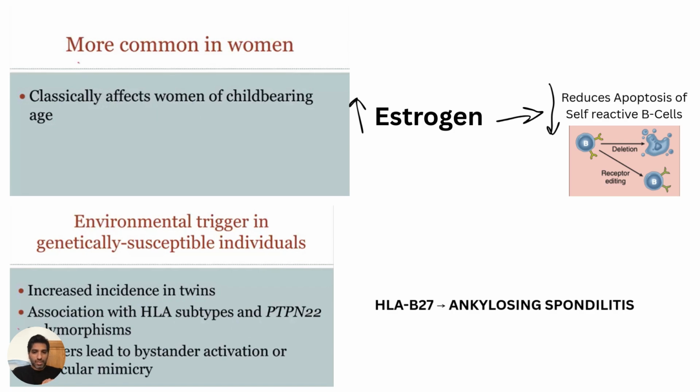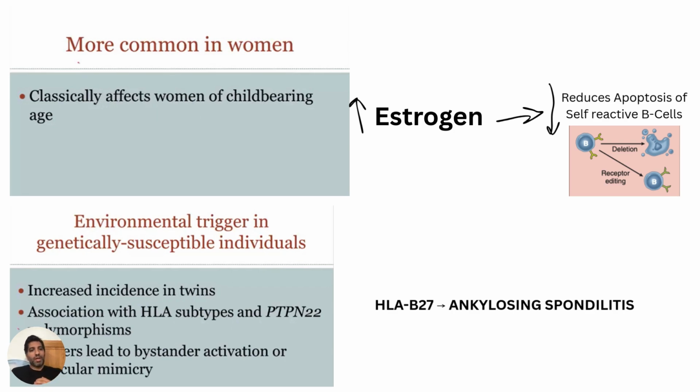And then lastly, let's talk a little bit about environmental triggers. Some people are genetically more predisposed to autoimmune disorders. I think that's pretty obvious. It's logical. If your brother has type 1 diabetes, you might be more likely to get type 1 diabetes than, say, some random other person.